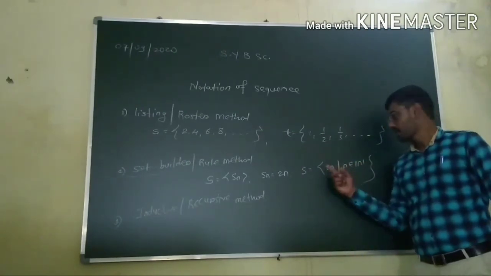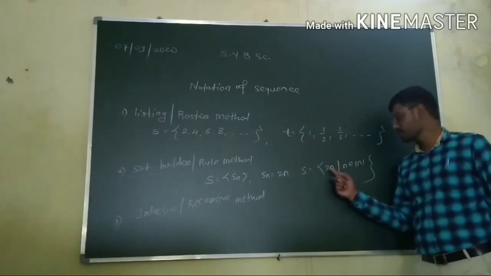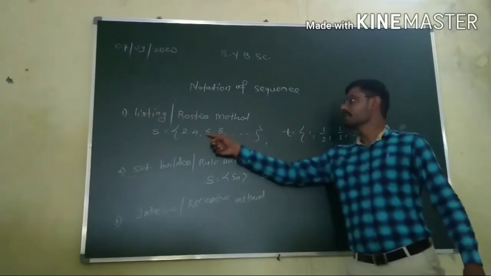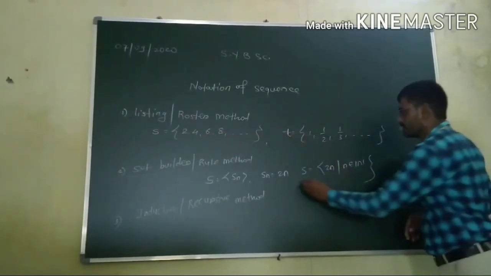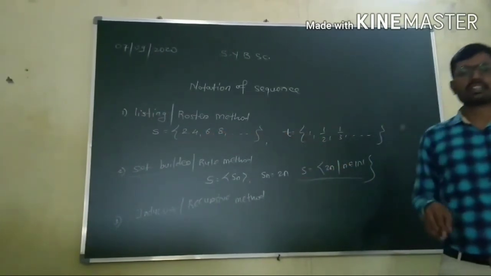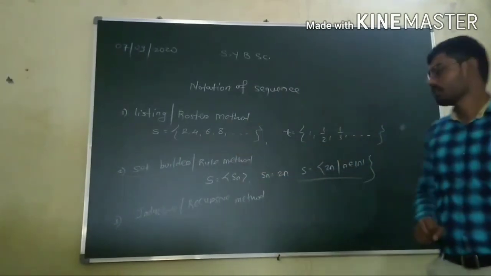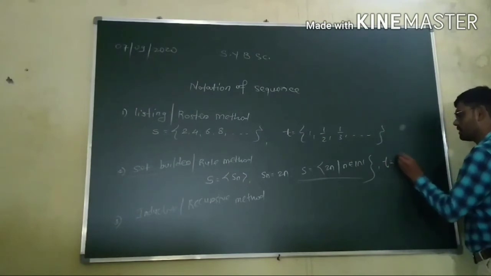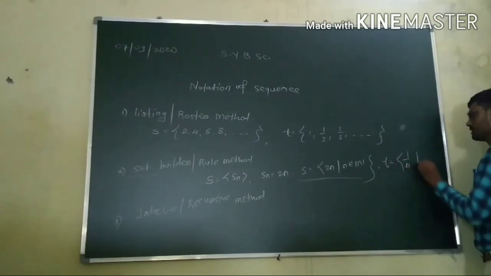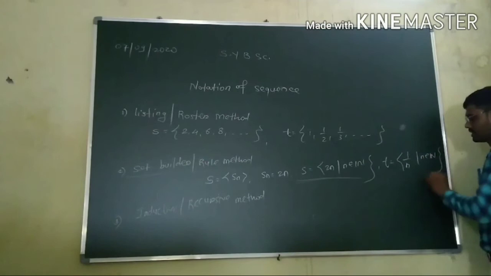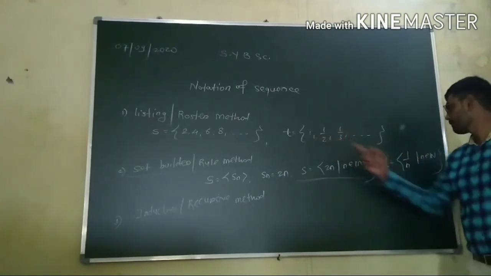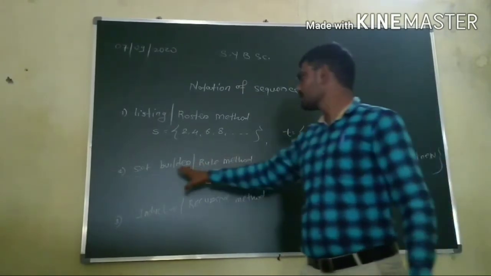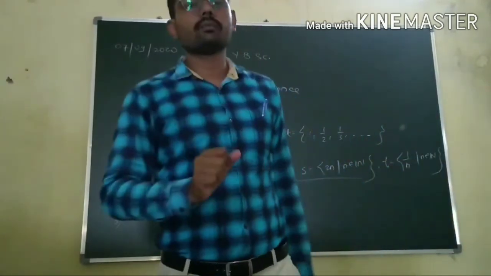Here the rule is the nth term is 2n. So the first term is 2, second term is 2 into 2, 4, third term is 6, 8 and so on. This is the set builder or rule method. Also, we can write T is equal to the sequence (1 by n), such that n belongs to the natural numbers. So the first term is 1 by 1, 1, second term is 1 by 2, 1 by 3 and so on. This is the set builder or rule method.